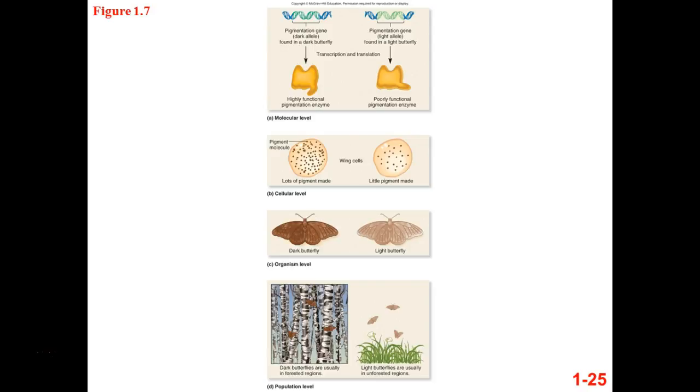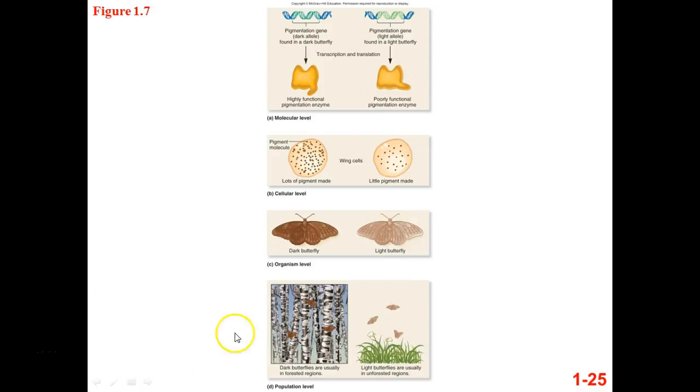So a specific example: at the molecular level, we're talking about DNA being transcribed into messenger RNA, read by the ribosome to make the cellular product, which typically is proteins. In this case, that gives rise to differences in pigmentation of the wing of the moth. Within each individual, you have ones that are dark colored and ones that are light colored.